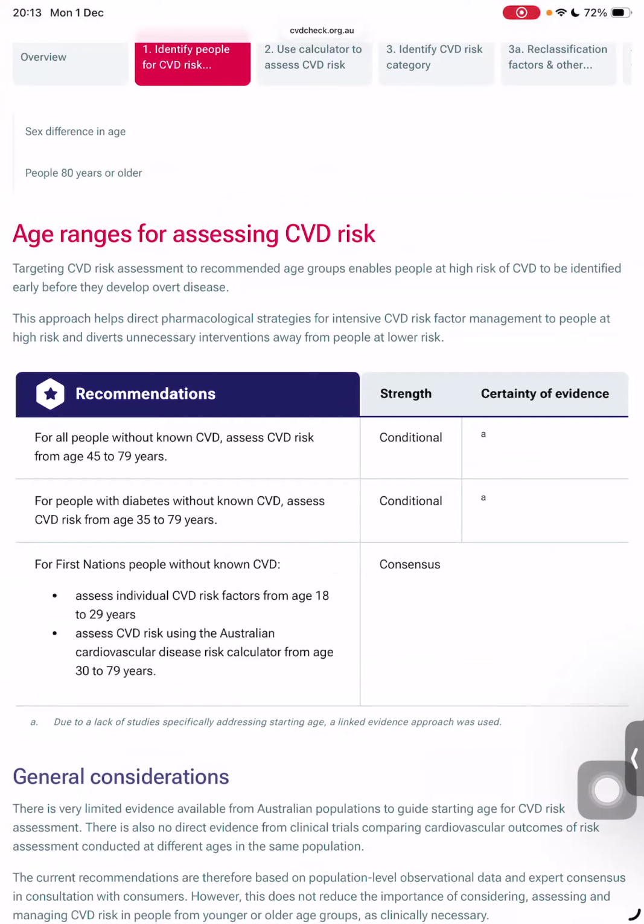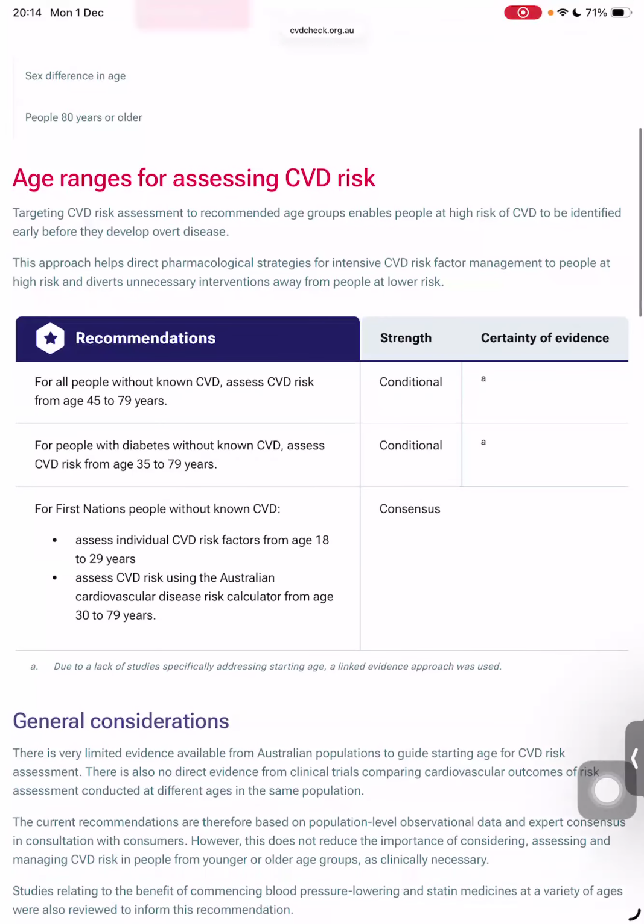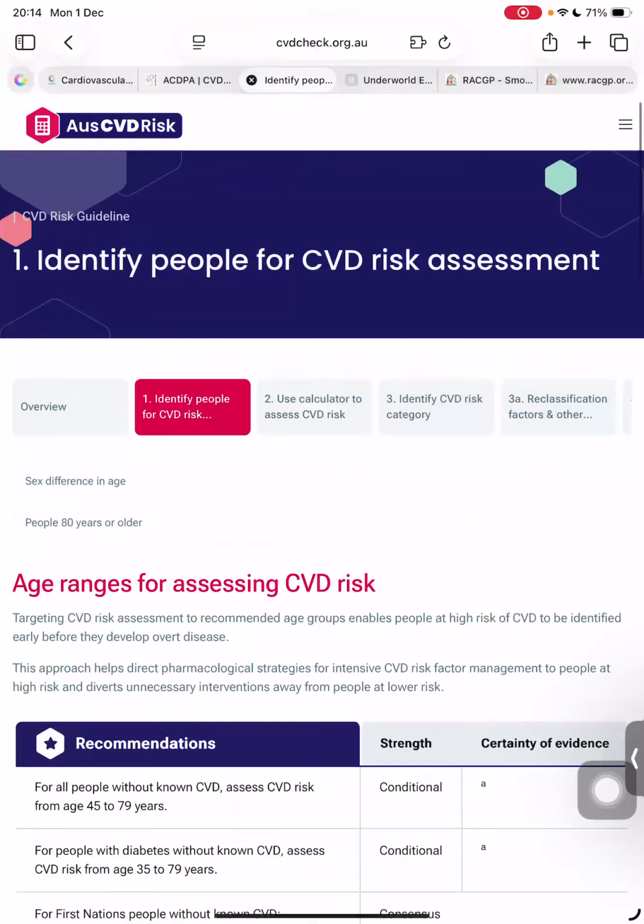Why would we screen? Screening doesn't help with the management. If the patient already has the disease, we have to treat it. Here, we are screening people to prevent future cardiovascular disease. So that's why we are screening here, in patients without cardiovascular disease. Remember these points, okay?